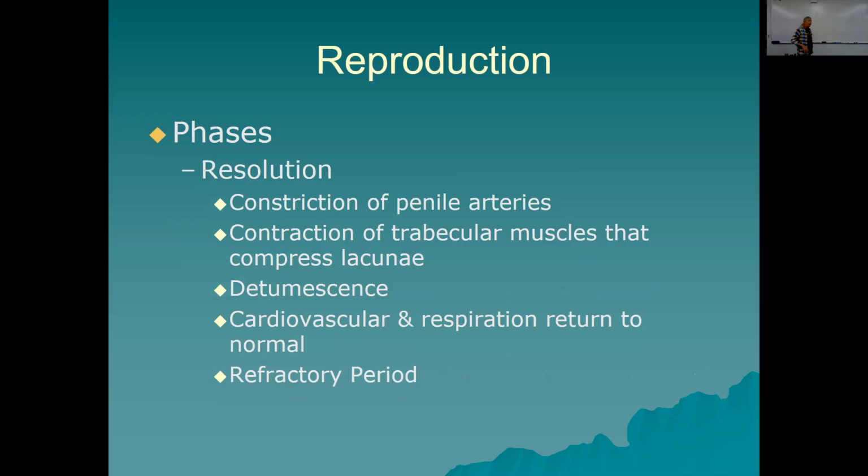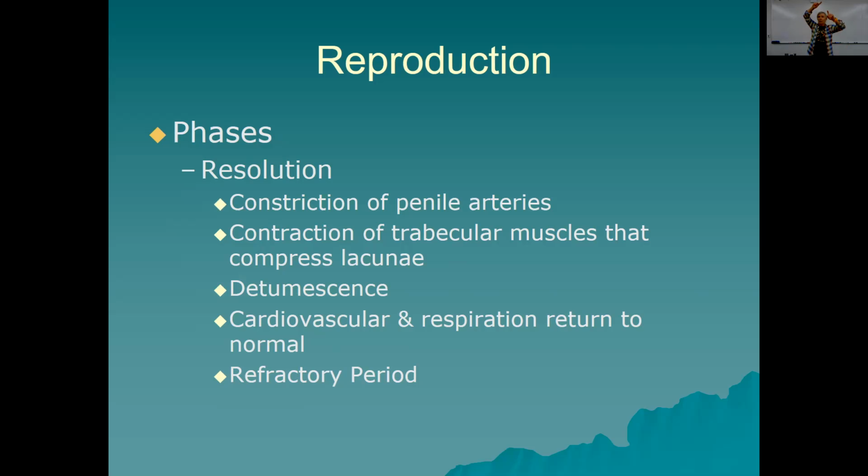And then, after ejaculation, we have resolution. Constriction of penile arteries, contraction of trabecular muscles that compress the lacunae, detumescence, which is loss of the erection, cardiovascular function and respiration returning to normal, and then we have what's called a refractory period.